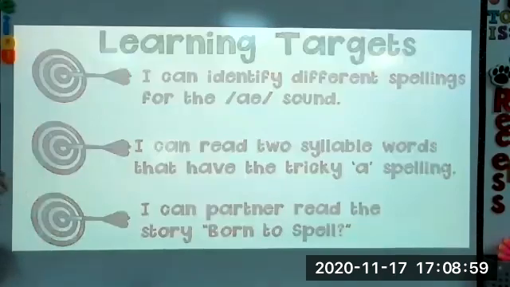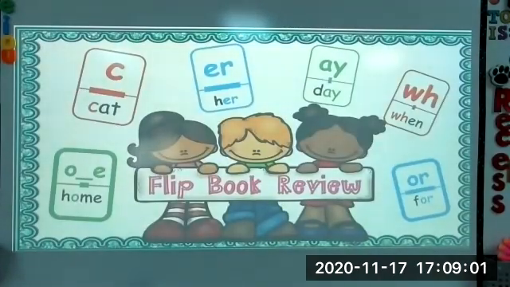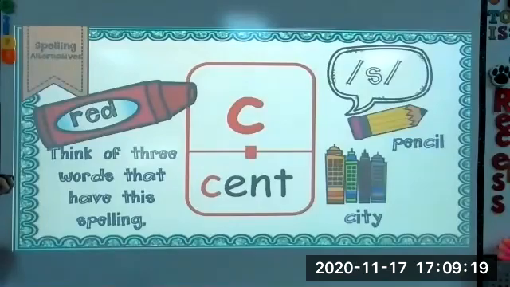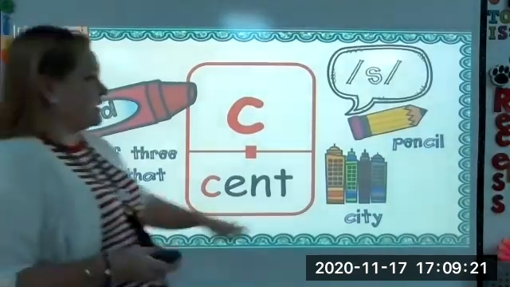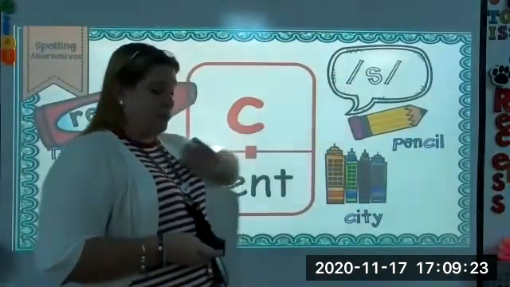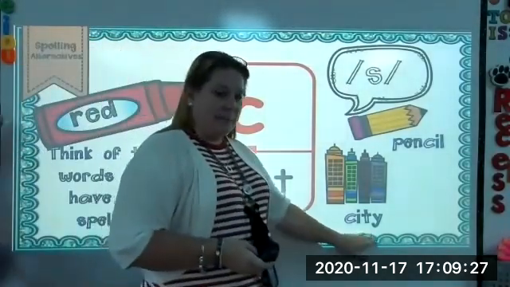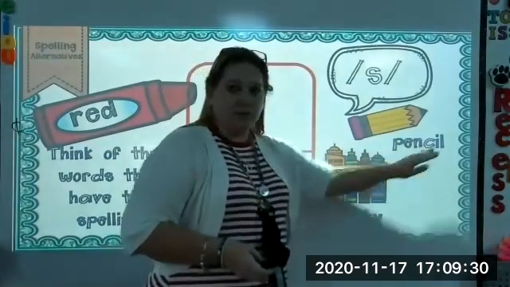Okay. So we are going to look at some spellings that we have learned this week in our code flipbook. We're going to review in the consonant code flipbook. We have been working with vowels, but today we're going to work on consonants. We have talked about the spelling with the letter C that makes the S sound, like in scent and city and pencil.